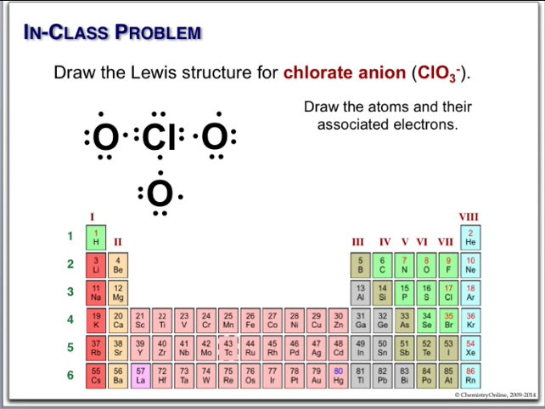Here's our oxygens, 2 pairs, 2 singles, and our chlorine has 1, 2, 3, 4, 5, 6, 7. Remember, Lewis structures are just bookkeeping, aren't they? So we can rearrange them in order to form our single bonds.